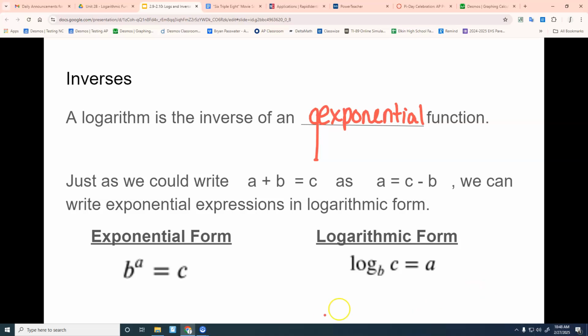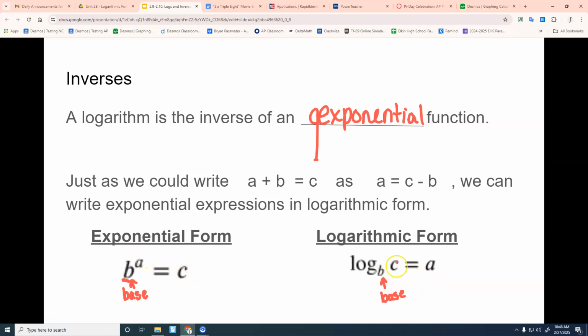So when we have b to the a equals c, that b right there is our base of our exponent, right? Because it's the base being raised to the power. That base of the exponent becomes the base of the log. And then a and c: a is your exponent, c is your answer.